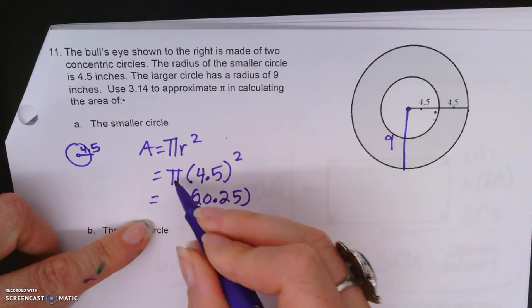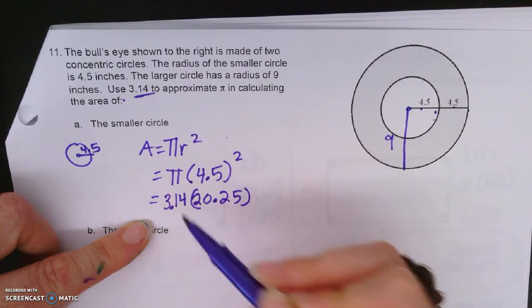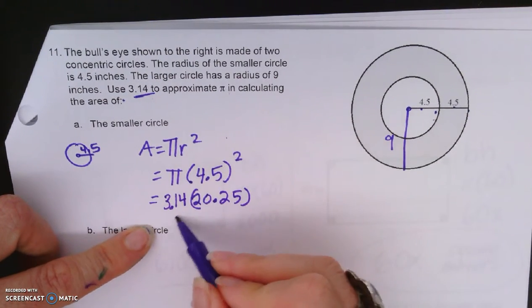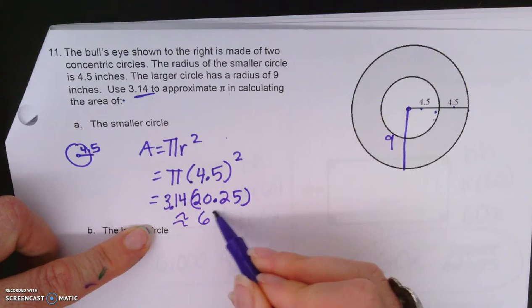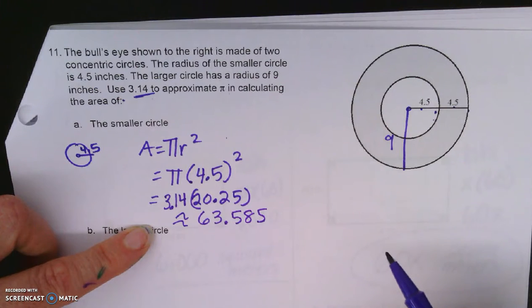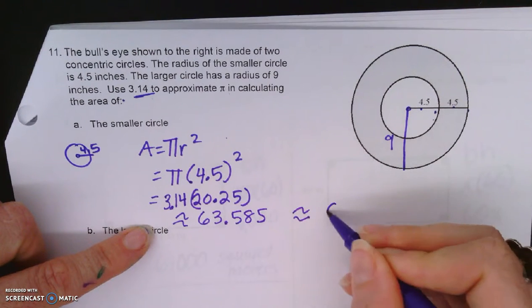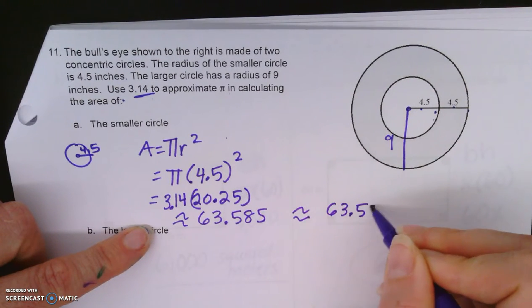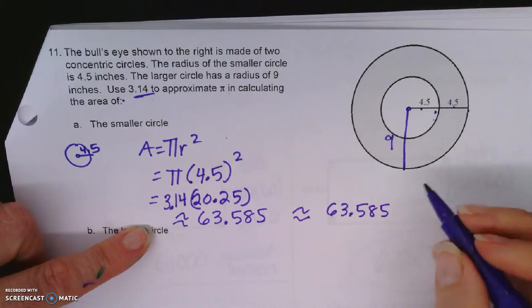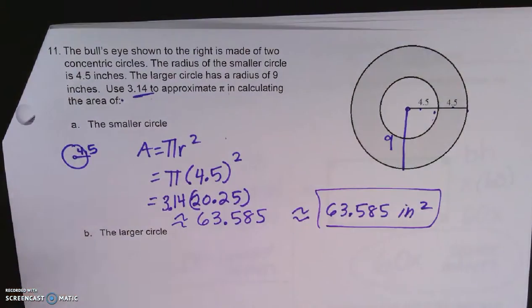Quick calculator work, and we're using 3.14 to approximate pi. Multiplying that in my calculator, I get approximately 63.585, which means, well, I guess we're not going to be rounding, we're going to say this is approximately 63.585 square inches, or inches squared. So that's for the smaller circle.